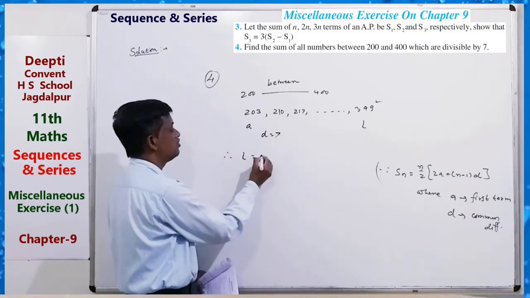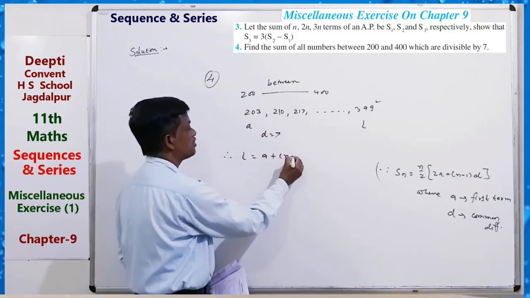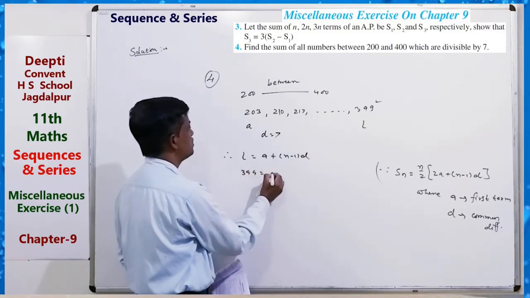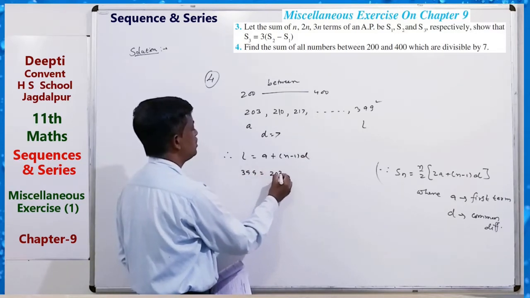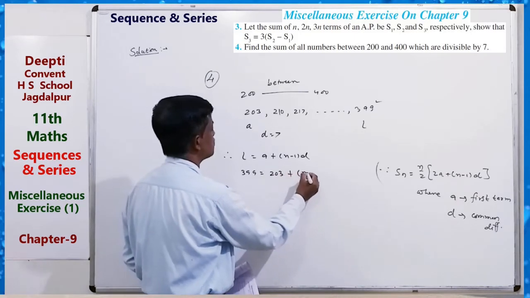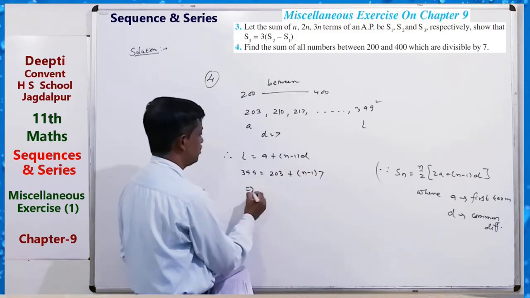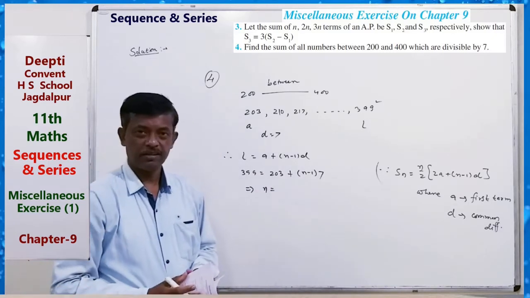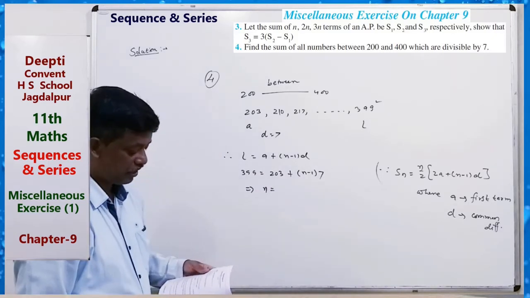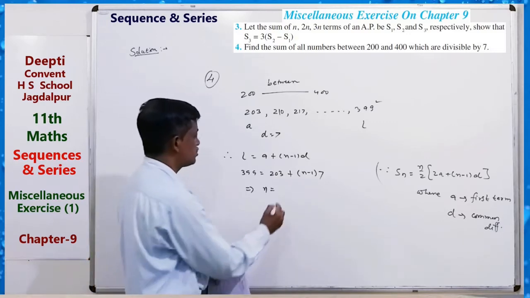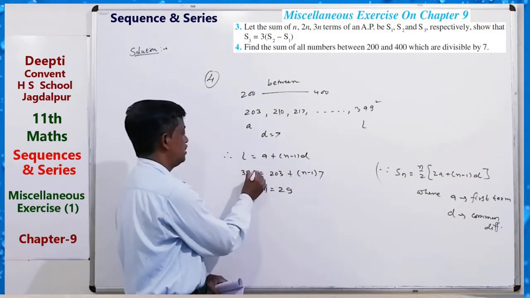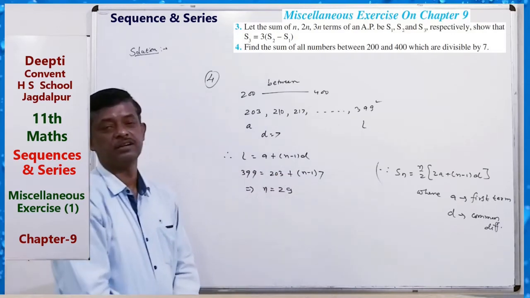Therefore L equals A plus n minus 1 into D, which means 399 equals 203 plus n minus 1 into 7. By solving, you can get the value of n equals 29. Just solve it.